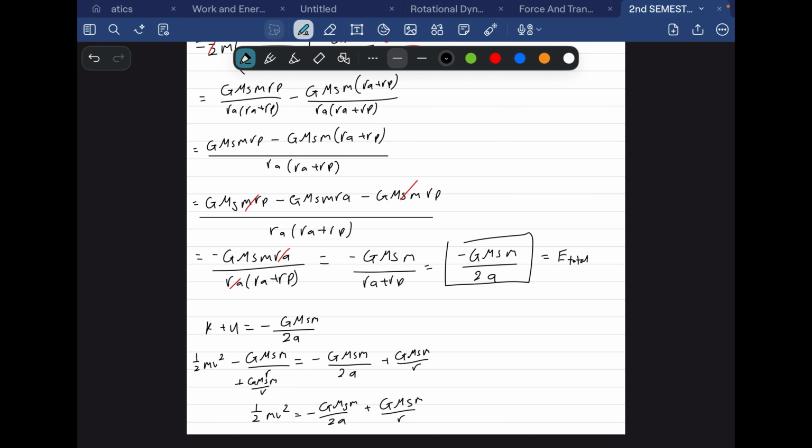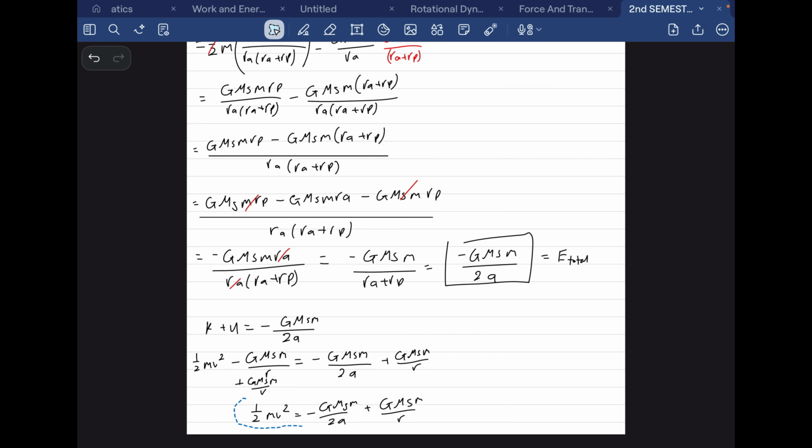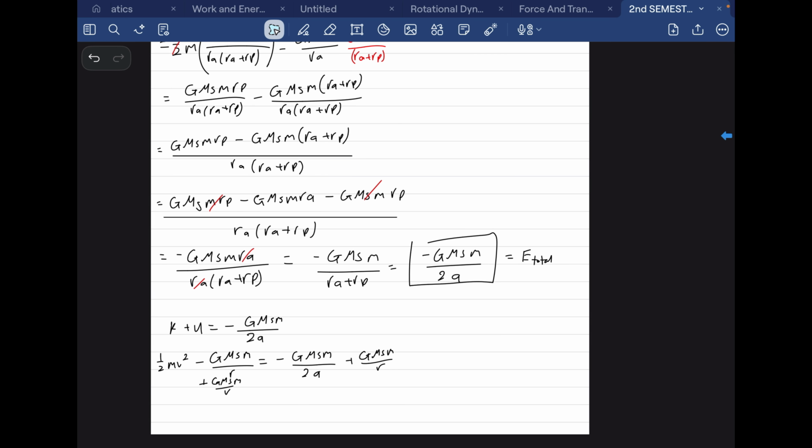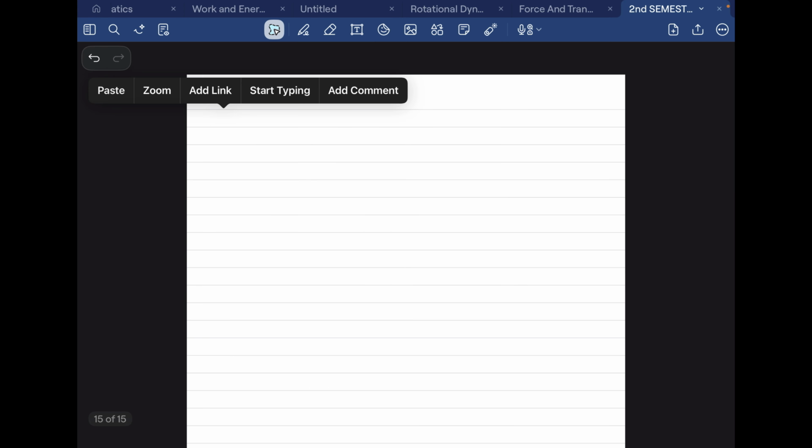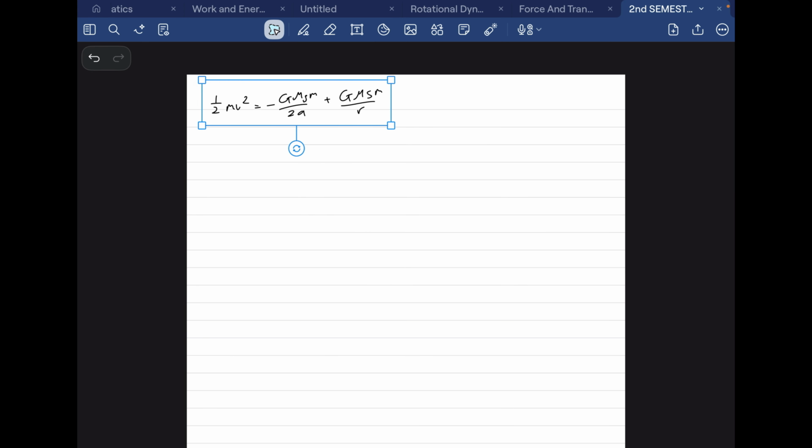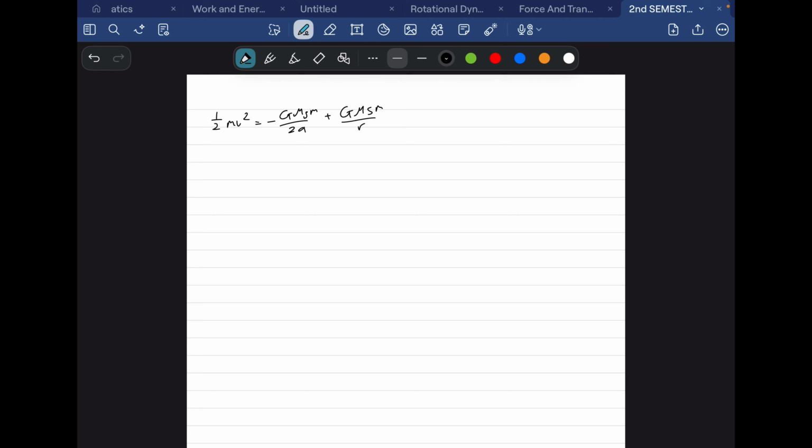So I'll move this to a new page. Copy it. Right, so I have this equation right now. So I'll multiply everything by 2, and multiply the right side by 2 to get rid of the half.